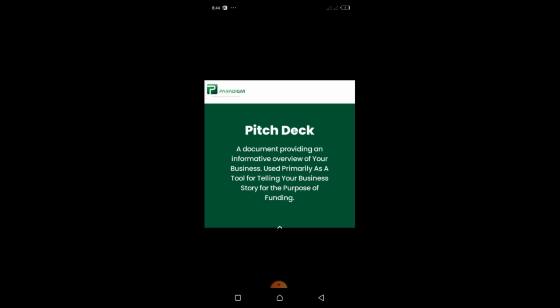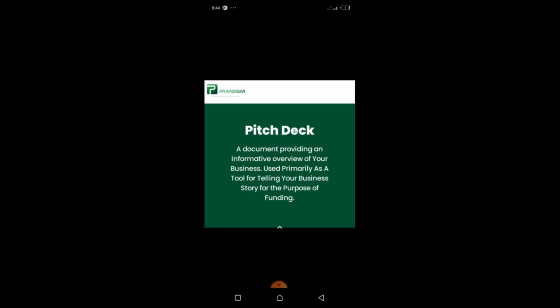So we have a pitch deck, we have a business plan, we have a detailed financial projection, we have detailed market research, and all these things. They are documents that a business owner must prepare if they want their business to be taken seriously.